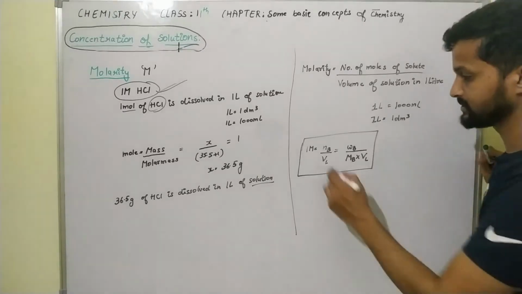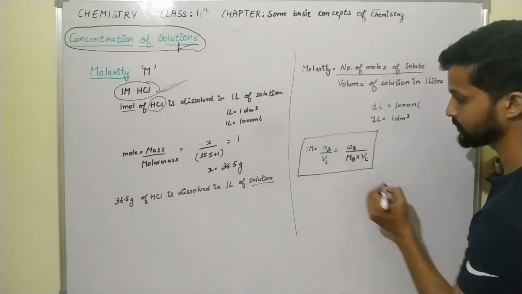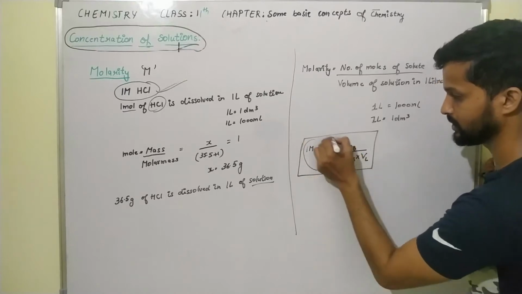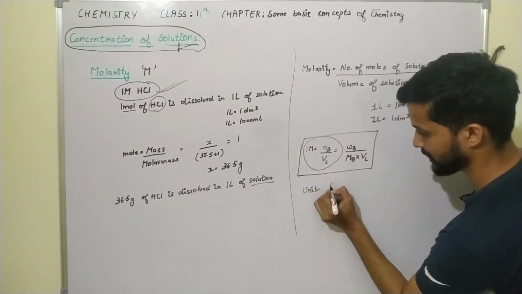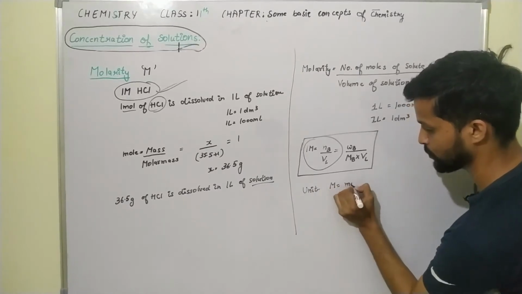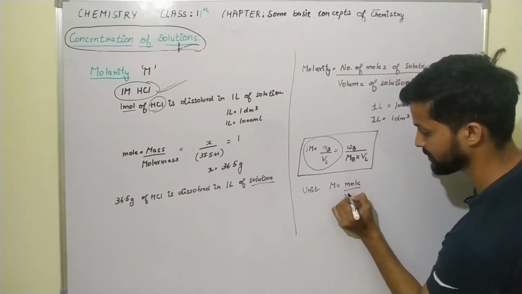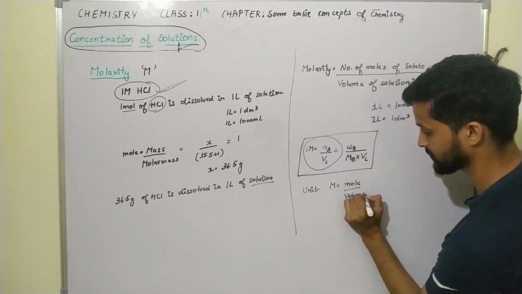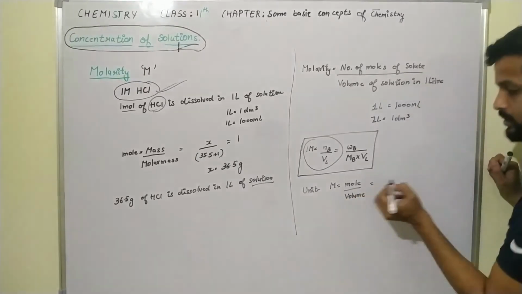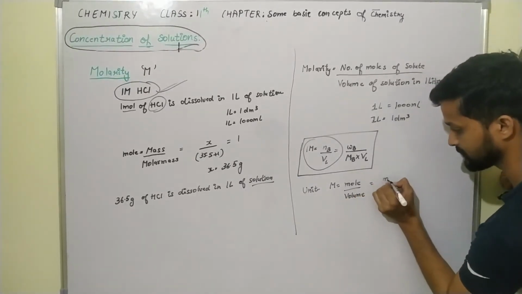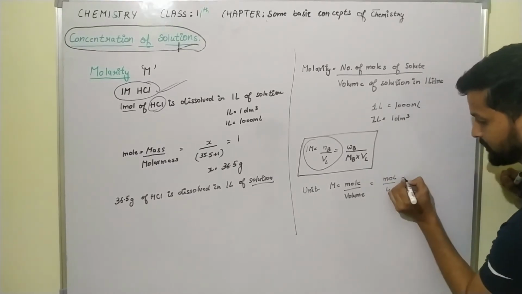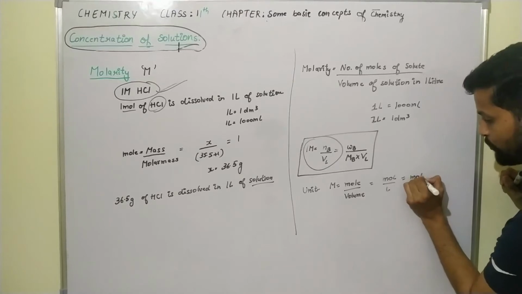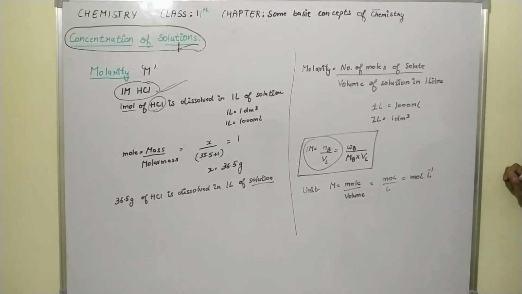Now our topic is what is its unit. You can calculate the unit from here. Molarity is equal to mole divided by volume. Mole, unit is mol, and volume is in liter, so its SI unit is mole per liter.